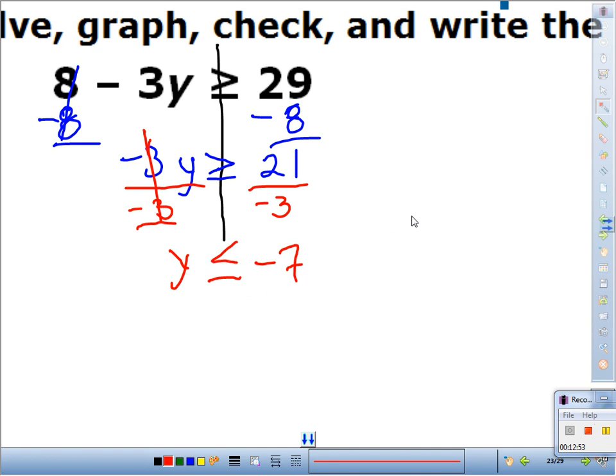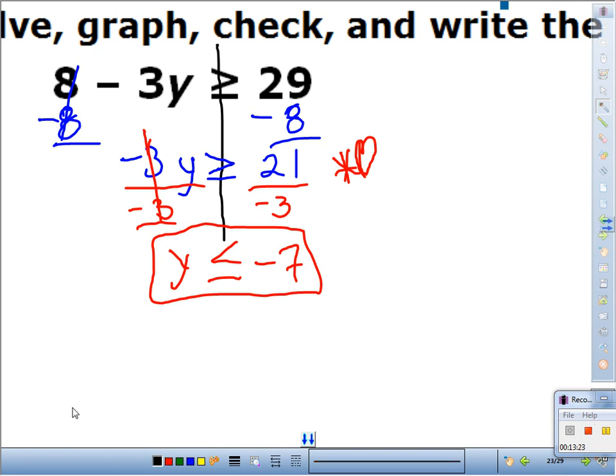That is correct. If you forgot, if you did not write that when you flip the sign, I want you to make a little asterisk here and a heart. And write a note saying, do not forget to switch the symbol when multiplying or dividing by a negative. Or you get it wrong. All right. For the sake of time, we're not going to graph it or check it, but let's write our solution set.